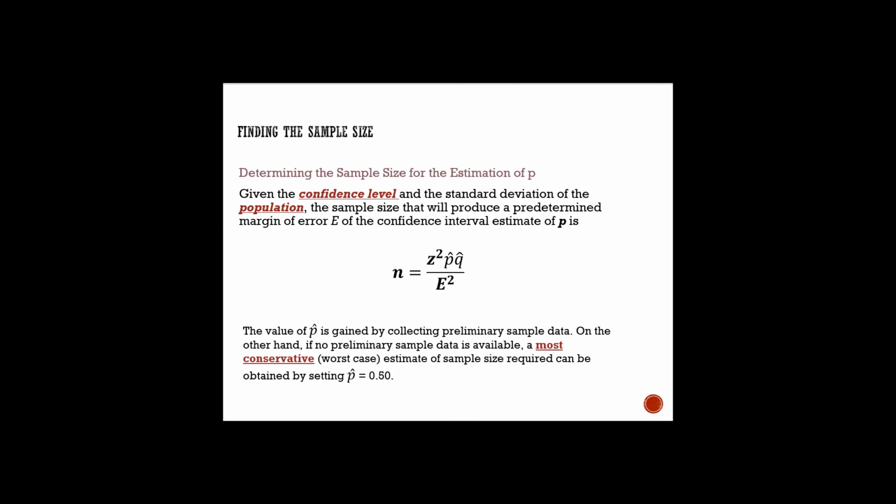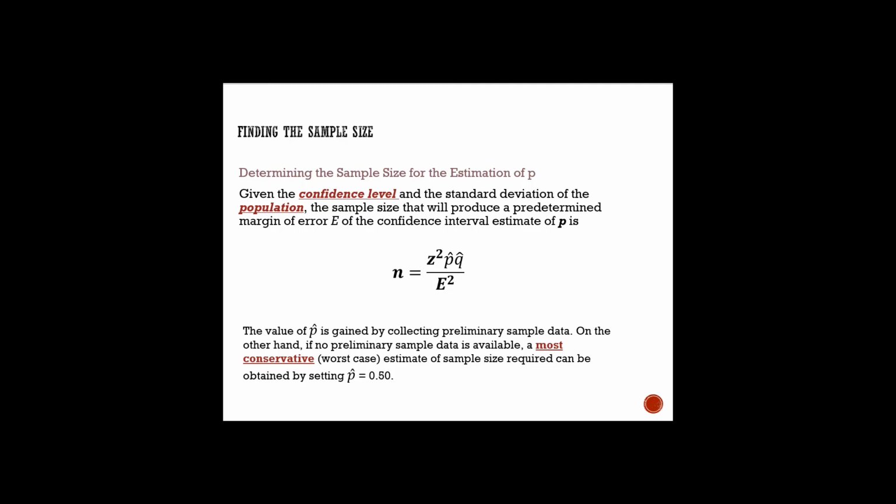Now let's take a little look real quick on page 15 of your guided notes and look at determining the sample size if we're estimating the population proportion. If we are given a certain confidence level and the standard deviation of the population, then the sample size that's going to give us a predetermined margin of error for the confidence interval estimate for p is going to look like this.